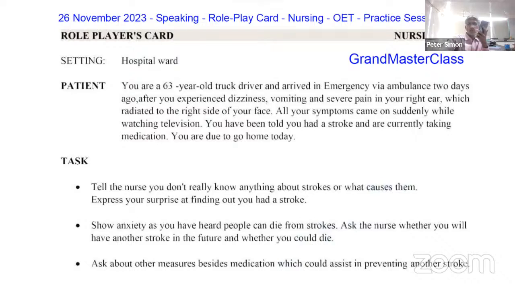What are the causes of strokes? Can you please explain me all the important things related to my medical condition?